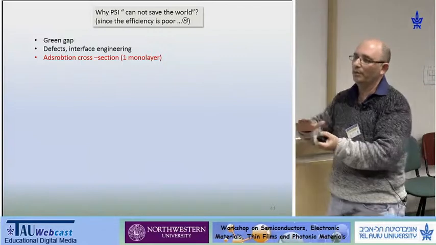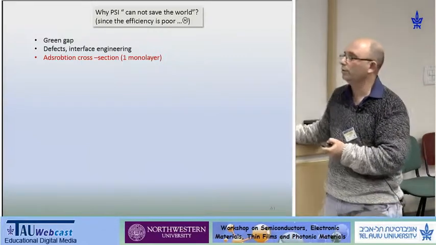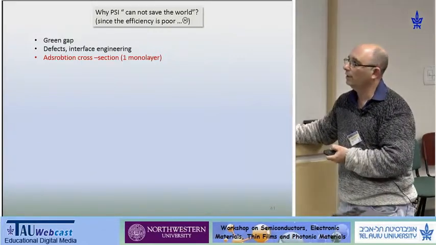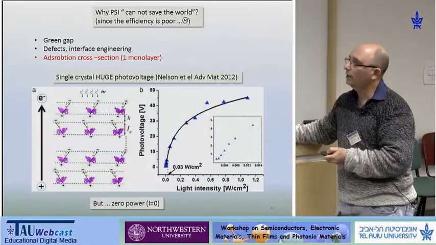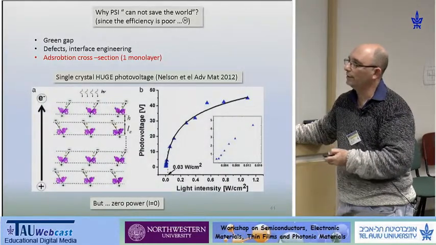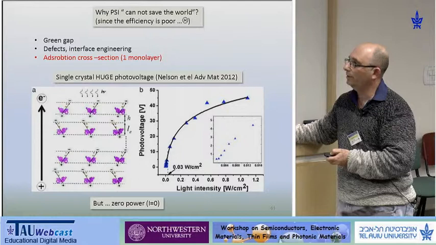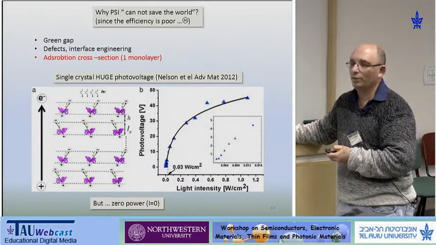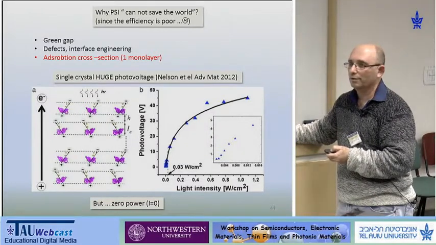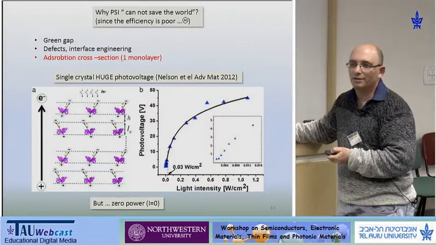Of course, you can build many, many monolayers, and this was done by Rosenwachs and Nathan Nelson several years ago. They used single crystals made out of photosystem 1, and the photovoltage is unbelievable. It's 40, 50 volts. It's amazing, but the current is 0.